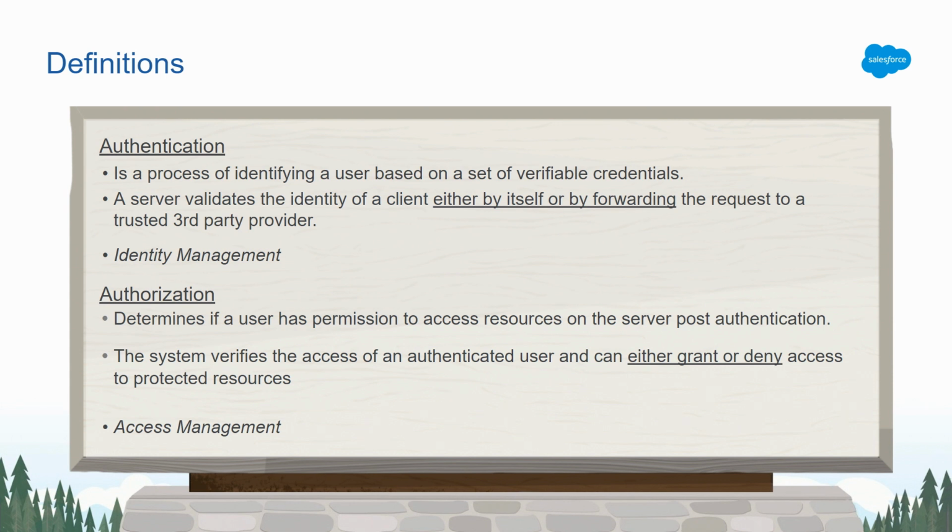Authorization, on the other hand, happens after authentication. Here the system is trying to verify the access of an authenticated user, and the system can then either go ahead and grant permissions or withdraw permissions from the user. So authorization is access management. So that's about the basic concepts of authentication and authorization.